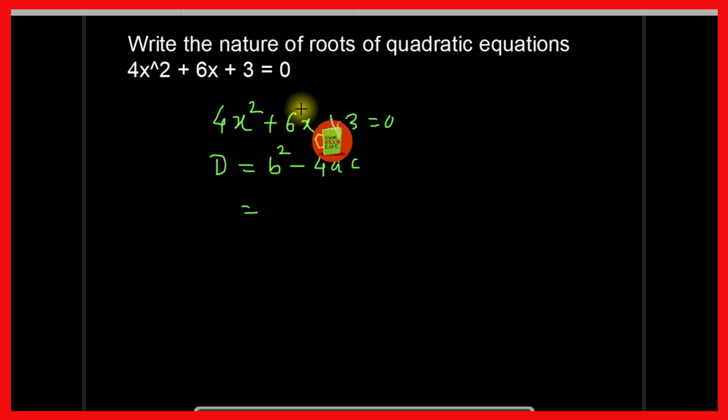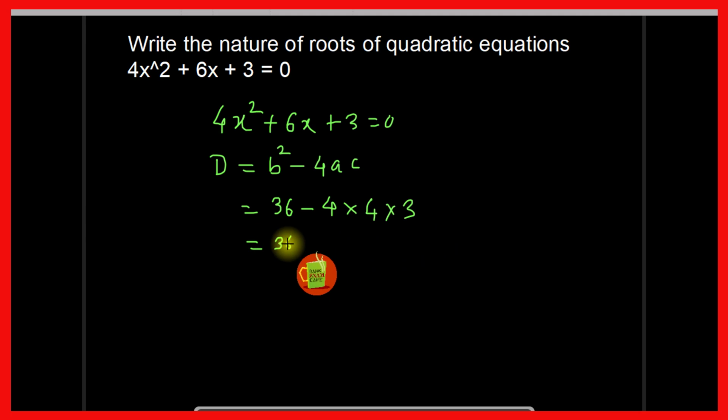Here b is the coefficient of x, that is 6, and 6 square will be 36, minus 4 into a, the coefficient of x square, which is 4, multiplied by c, the constant term, which is 3, so it is equal to 36 minus 48. 4 4s are 16, 16 3s are 48, and therefore 36 minus 48 is equal to minus 12.